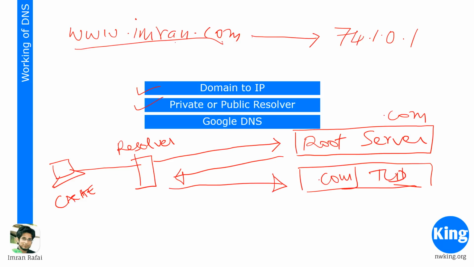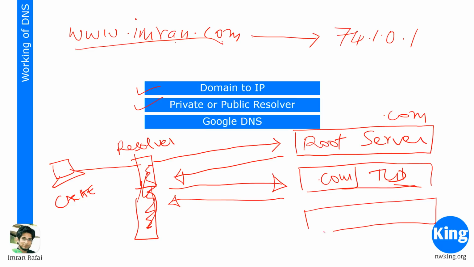So this says, I don't know where imran.com is, but I know the authoritative name server for imran.com, and it would send that here. Then it sends that request to the authoritative name server.